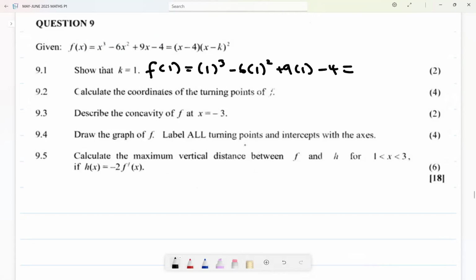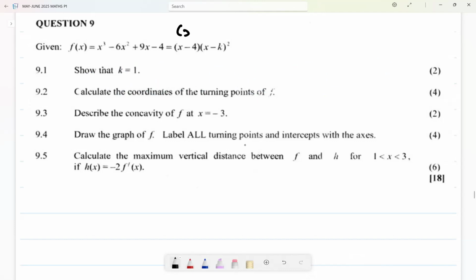It gives me how much? 1 cubed minus 6 plus 9 minus 4. It gives me 0. Therefore, k is equal to 1 is a factor. Okay, is a factor. So yeah, you just do that. Just show that it is a factor.